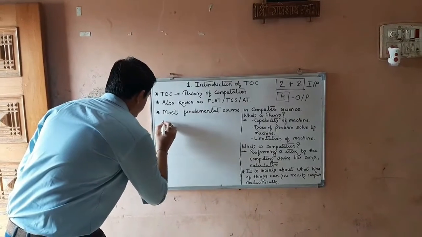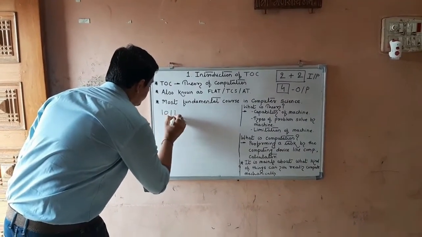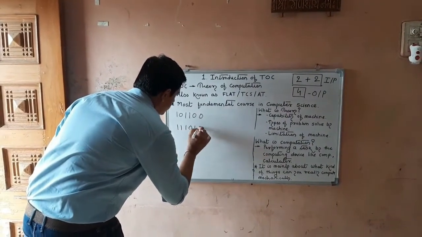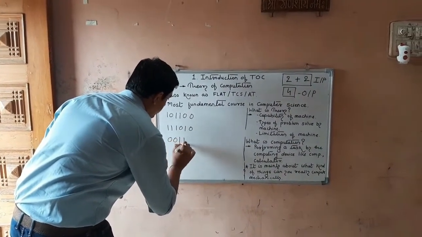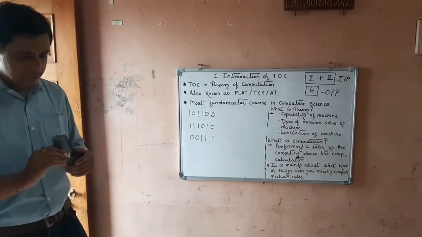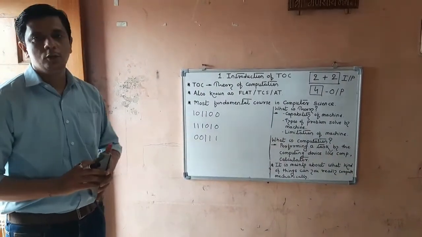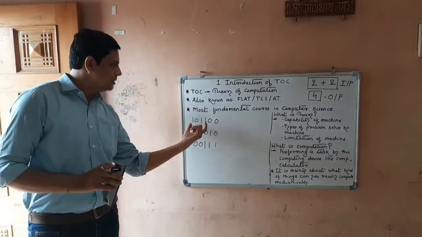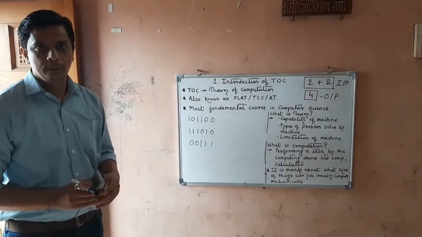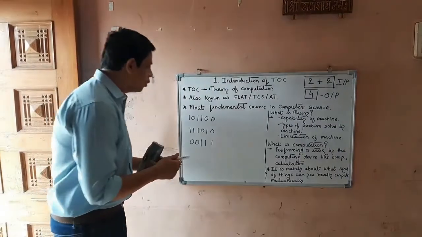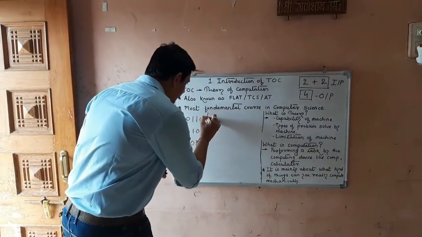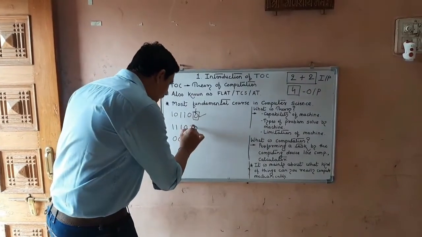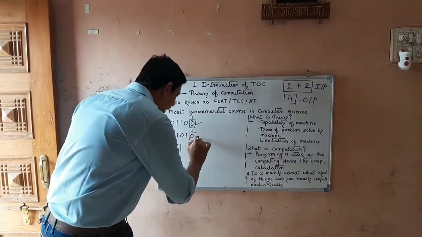Suppose there are 3 inputs: 101100, then 111010, and 00111. How can we identify whether the string is accepted or not? We directly focus on the last bit. It is 0, accepted. Second input, last bit is 0, accepted.